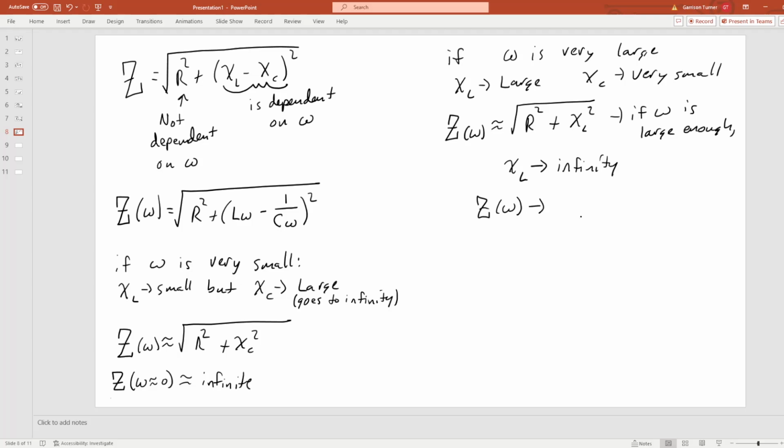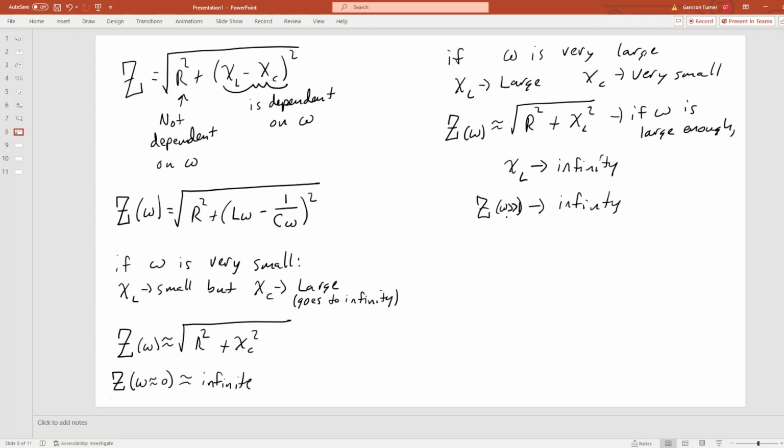So in that case, your impedance will go to infinity. Okay, so in both of these cases, your impedance approaches infinity. In the case where omega is close to 0, your impedance is nearly infinite.